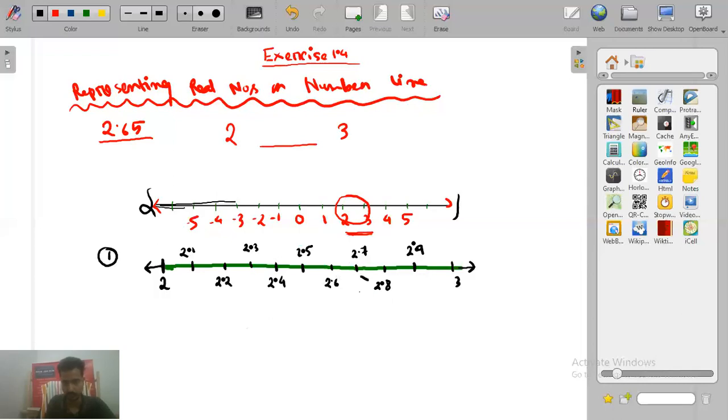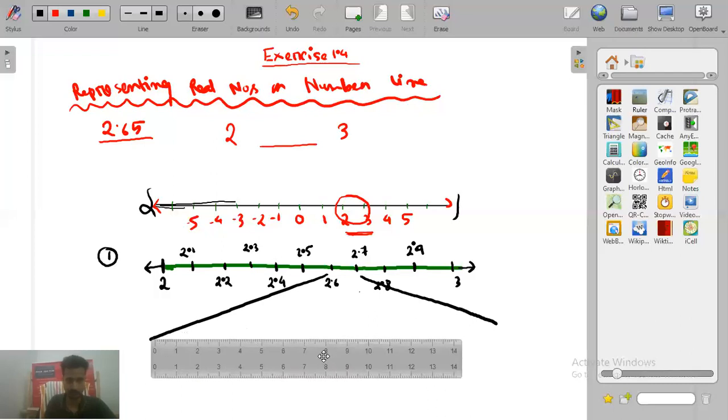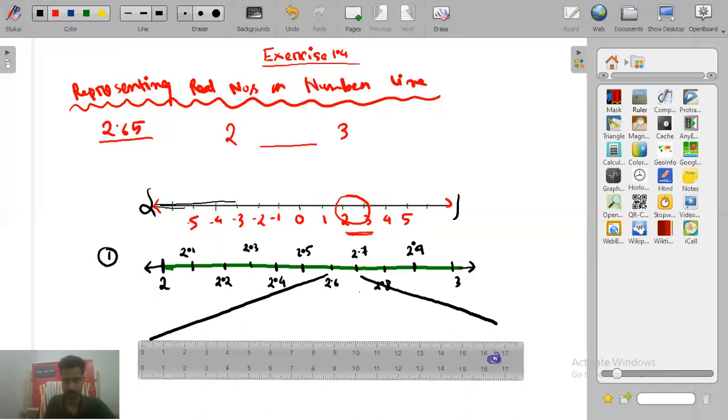So you have to give an arrow like this. Okay, so again you have to draw one line. So let me draw.